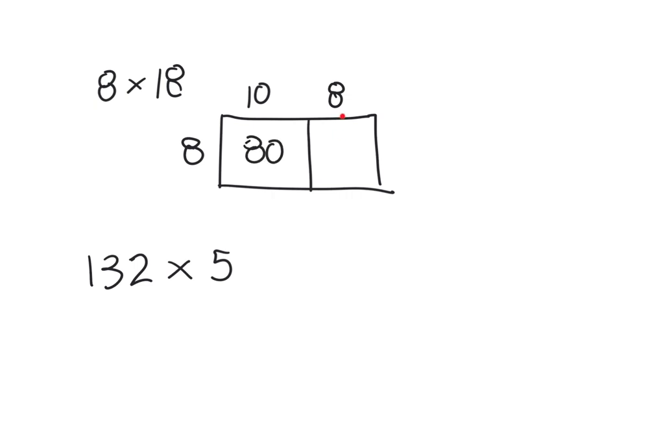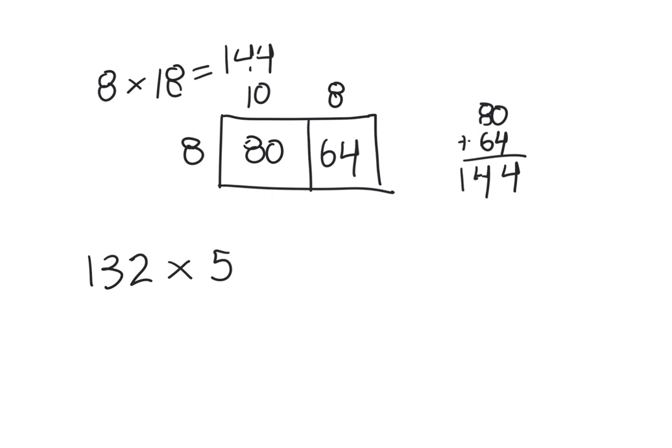And then we're going to do 8 times 8 and get 64. And I want to find what both of those are together, so I'm going to take 80 and add 64. 8, 9, 10, 11, 12, 13, 14. So 8 times 18 is 144.